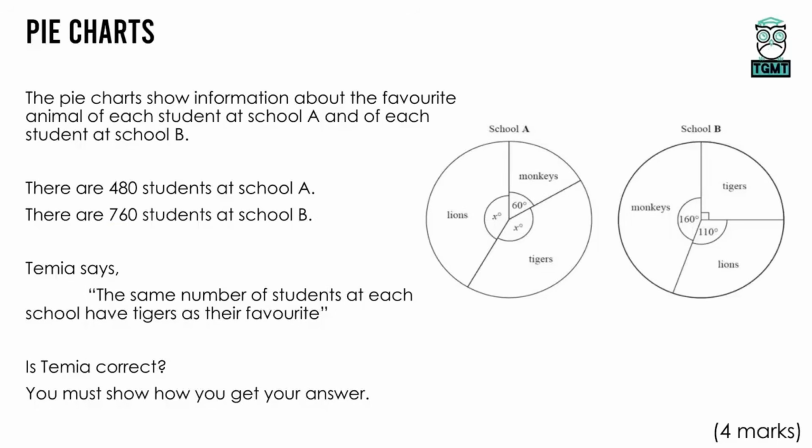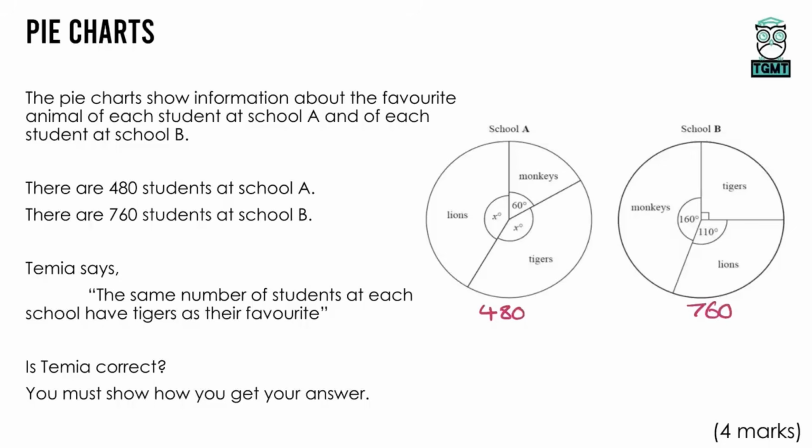Is Tamia correct? Well, in order to find how many people actually like tigers the most, we just want to break down the pie chart and see what 1 degree represents in each pie chart. We can then find out what any amount of degrees represent. So if this pie chart over here on the left, school A is 480 students, and of course 760 on the right, we want to find out exactly how much is in each sector.